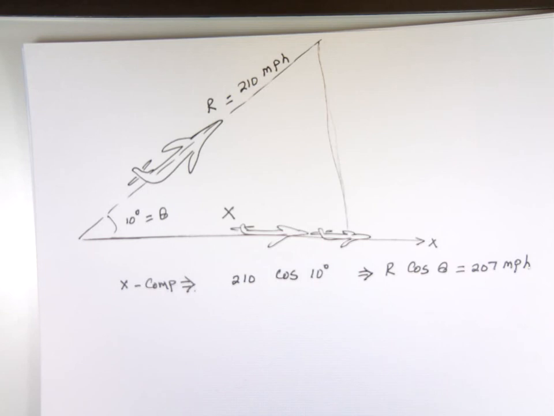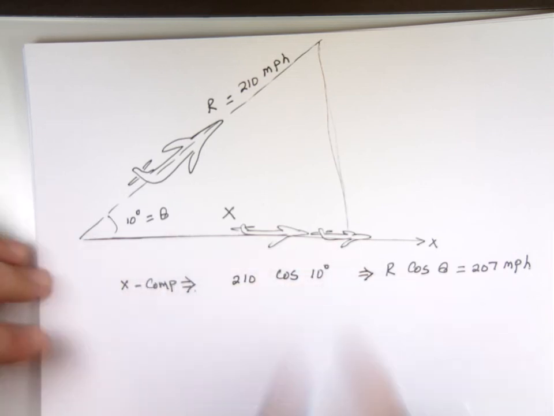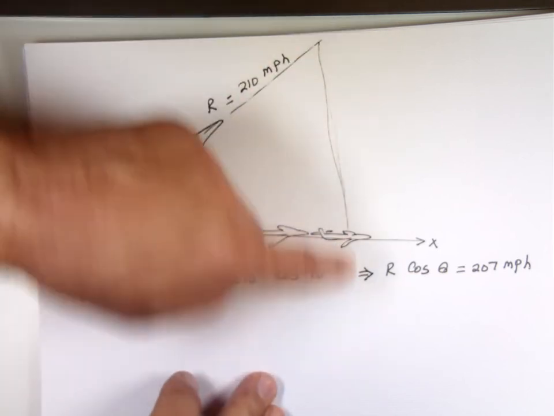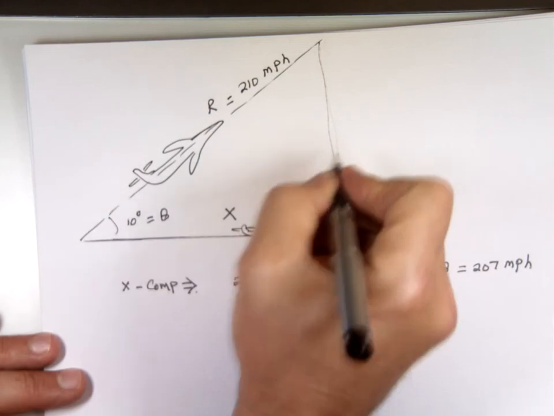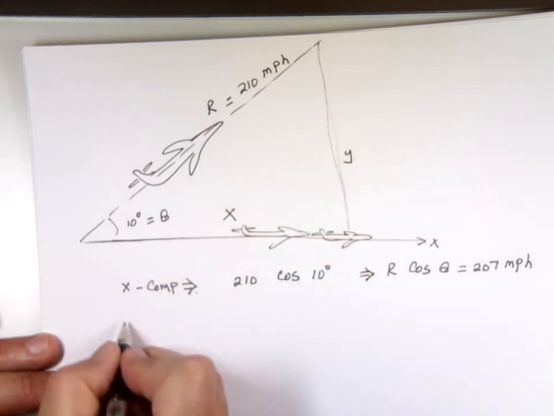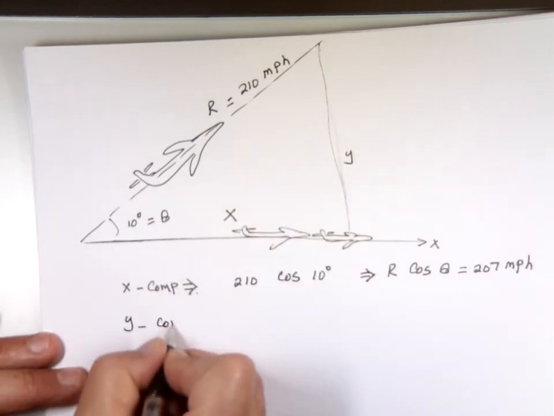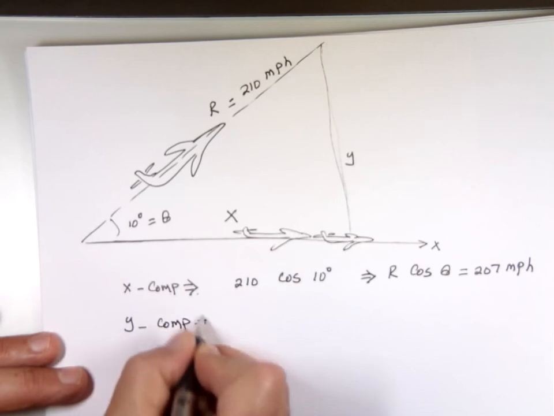Now, if somebody is, let's say, 20 or 30 miles away in Pittsfield, Mass., they see the plane taking off. They don't see it moving. All they see is the plane rising. So to them, how fast is it rising? What's the speed that it's climbing up in the air? That's the y value. So how do you find the y component? That's the opposite.